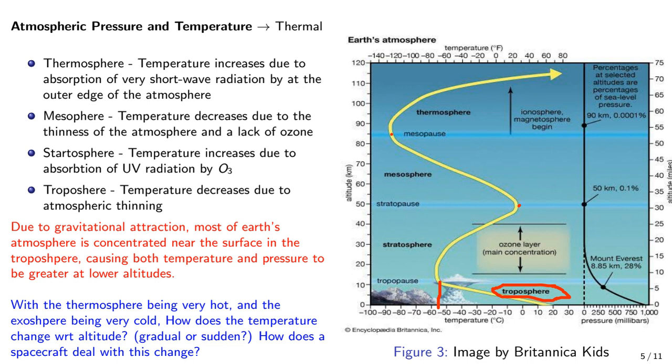I wanted to ask you whether that change is gradual or sudden, but it's actually a very sharp change with respect to altitude. Now, how does a spacecraft deal with this change? Can someone tell me? Think about it. It's still fine coming from the troposphere to the stratosphere, where you can see the curve and those changes. But from here, it can be like this.